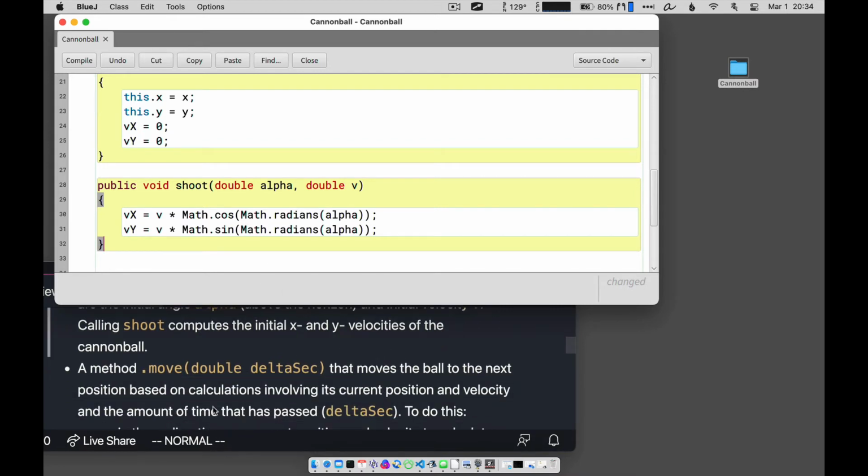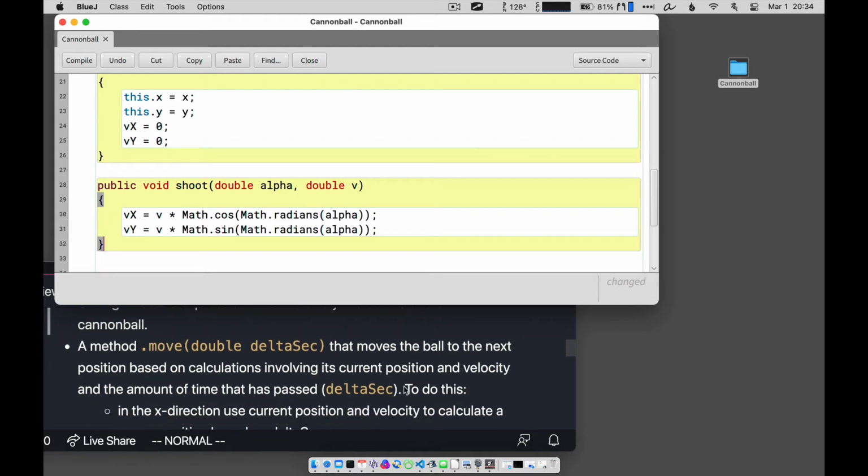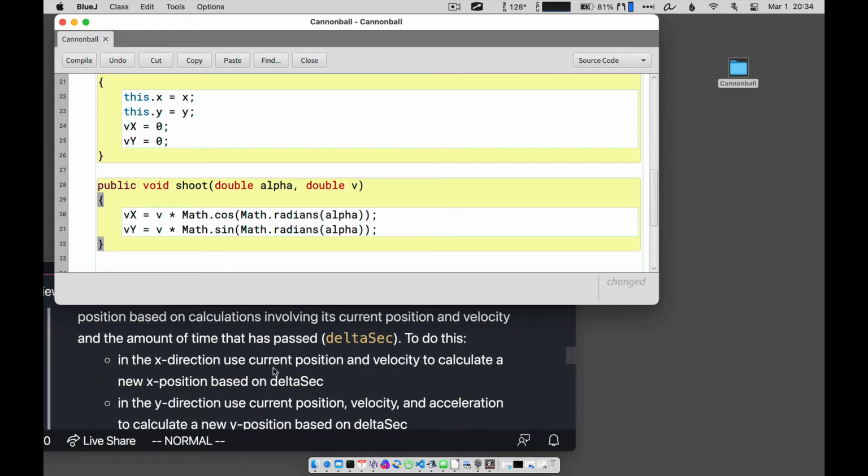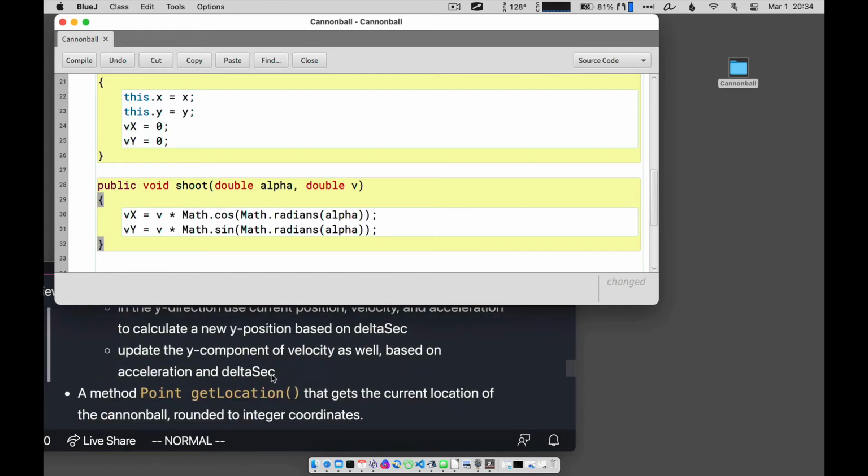A method move takes a delta sec. Oh, that's a time period, I guess, a change in time, delta sec, got it. That moves the ball to the next position based on calculations involving its current position and velocity and the amount of time that has passed. To do this, update, update.